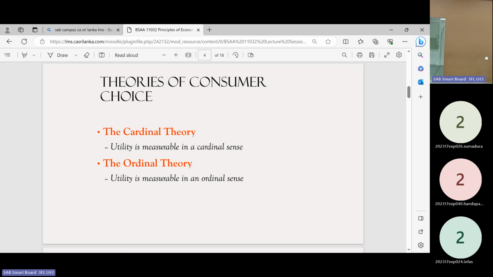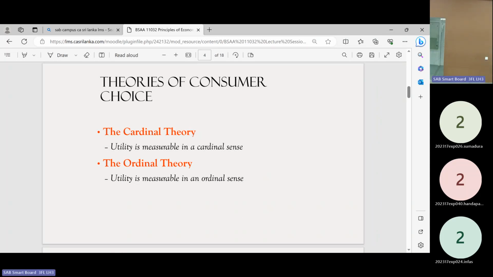I got 50 utils, satisfaction units for my string hoppers. Or someone can say, same string hoppers, I only got 40 utils from the same string hoppers. So if we assume that utility or satisfaction can be measured in quantitative terms, it falls into cardinal utility.